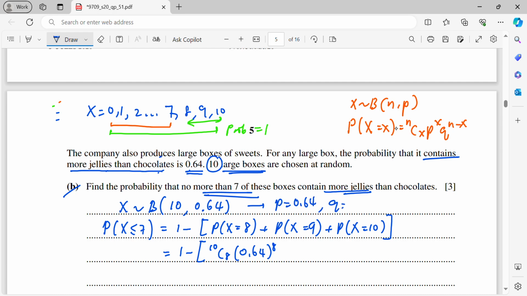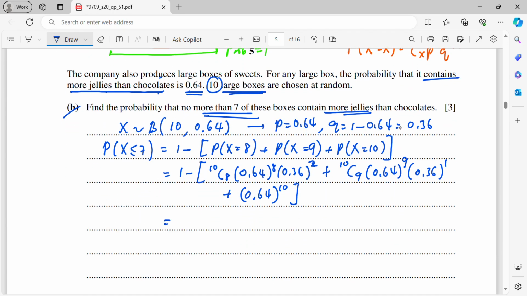That means your q is 1 minus 0.64, that is going to be 0.36. So here I will write 0.36 to the power 2. Then plus, when x goes to 9, that is 10C9, 0.64 to the power of 9, then 0.36 to the power 1. Lastly, there will be 10 successes, plus 0.64 to the power of 10.